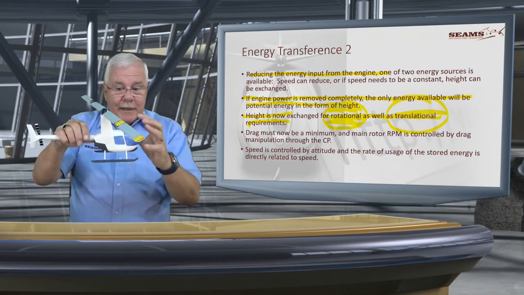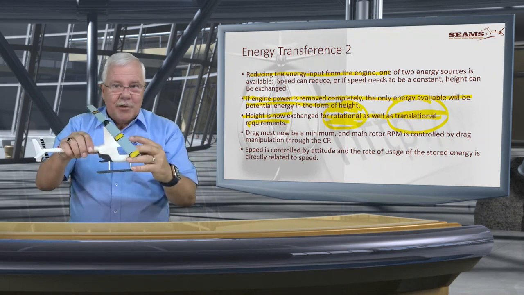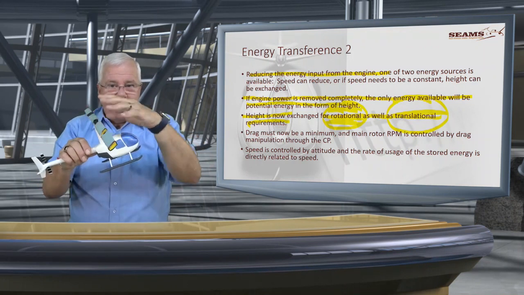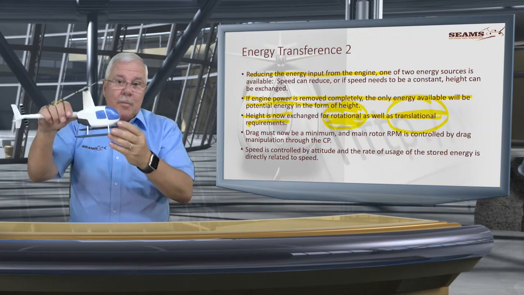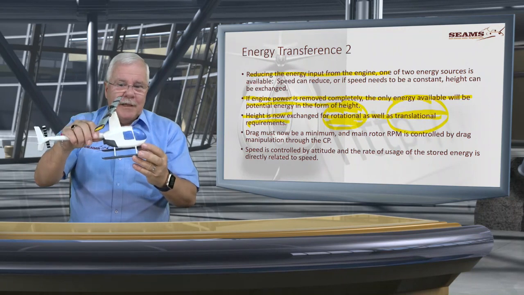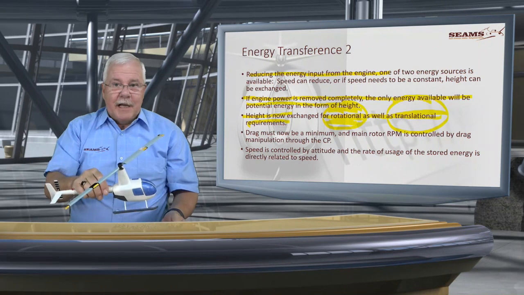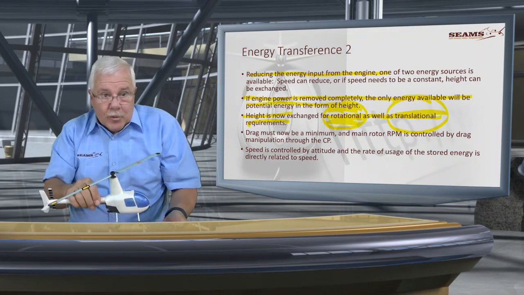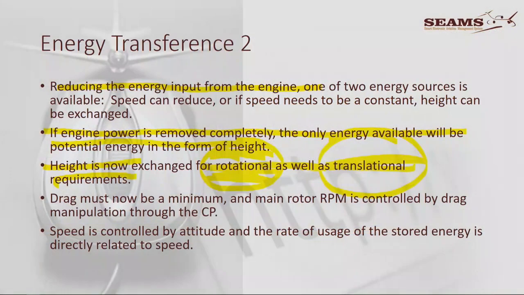So you take this energy and you put it in this energy, in other words, translational into rotational, to stop. If you don't do that and you bleed your speed off here, then there is no more flare effect that you can use, and at the bottom, you can only pull up the collective in order not to hit the ground. Okay.